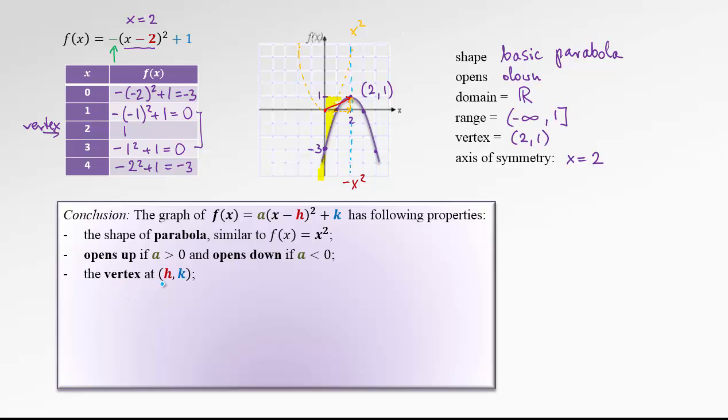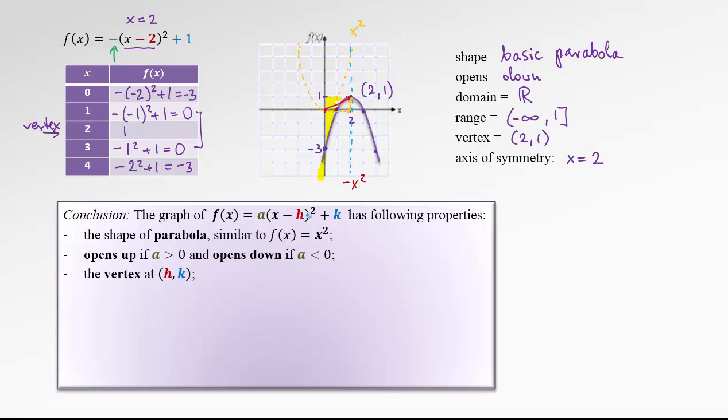Next, the vertex can be read directly from the formula just by looking at numbers h and k. The only thing that I would like to point out is that in the formula we have a minus inside the bracket and plus outside the bracket.